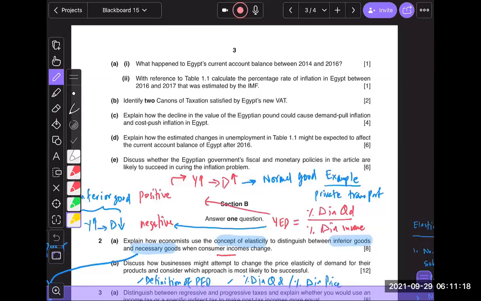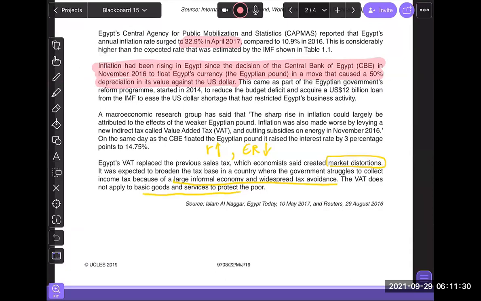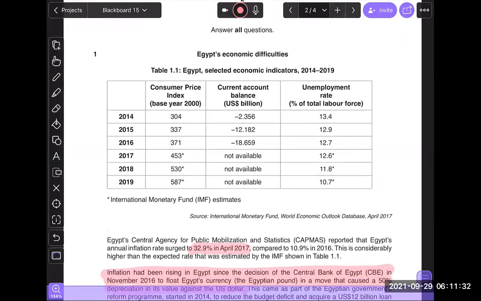What happened to Egypt's current account balance between 2014 and 2016? Current account balance between 2014 and 2016, guys. The current account balance is a deficit, and the deficit is growing, right?